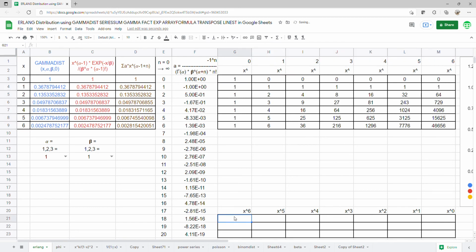Now we can calculate the polynomial regression coefficient using LINEST, starting with the GAMMADIST, data y and data x. Again, LINEST, data y and data x. And finally, the Taylor series expansion. This will be LINEST, data y and data x.